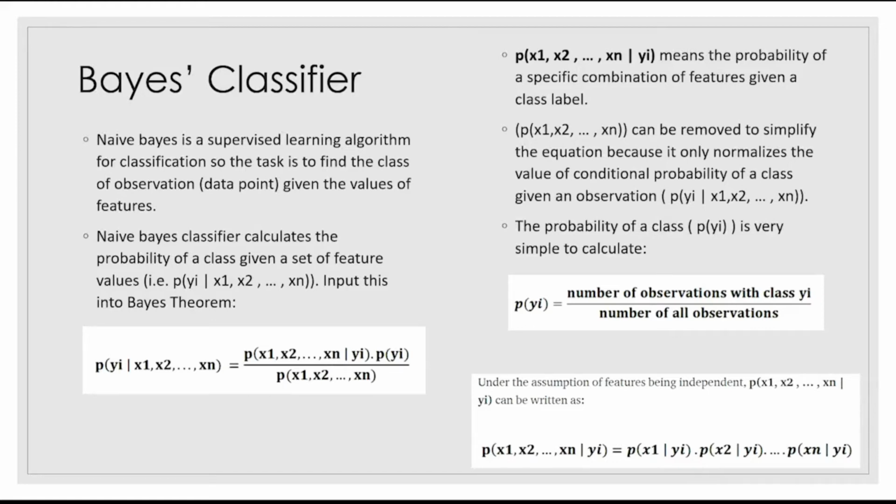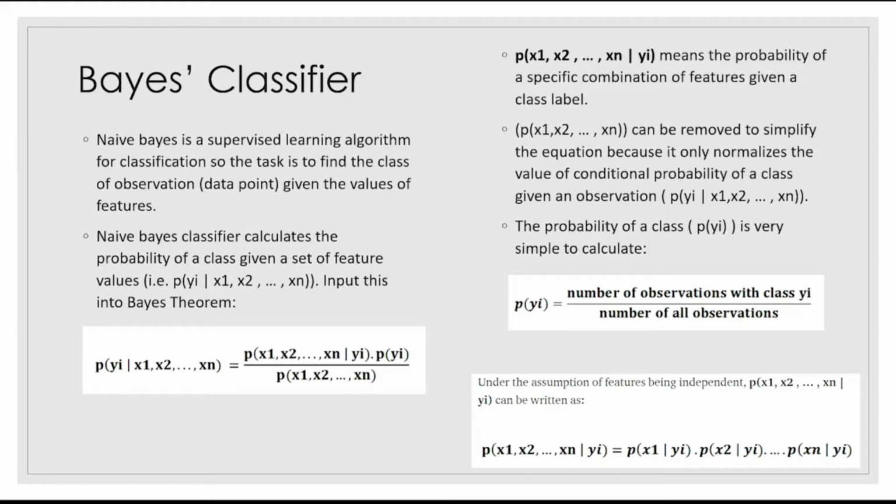Now, the naive Bayes classifier calculates the probability of a class given a set of feature values. Inputting these into the Bayes theorem, we get the following equation. Here, P of yi given x1, x2, up to xn means the probability of a specific combination of features given a class label.